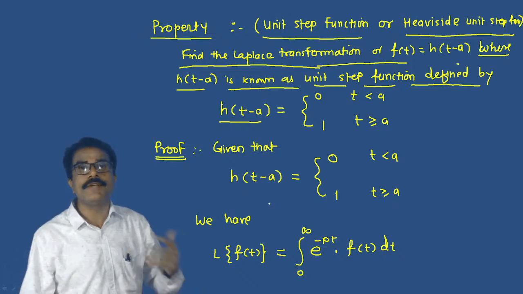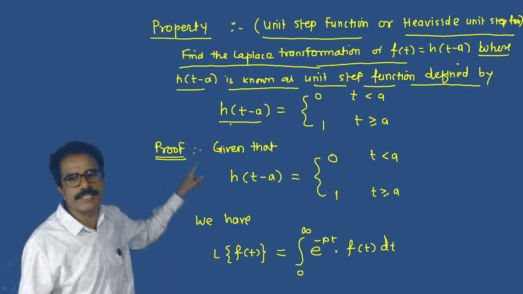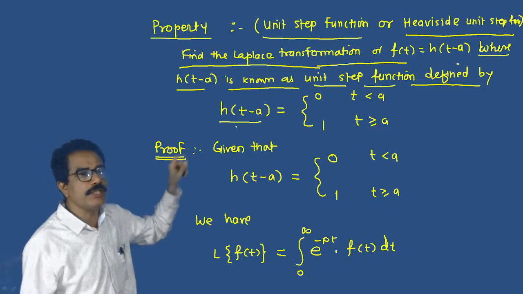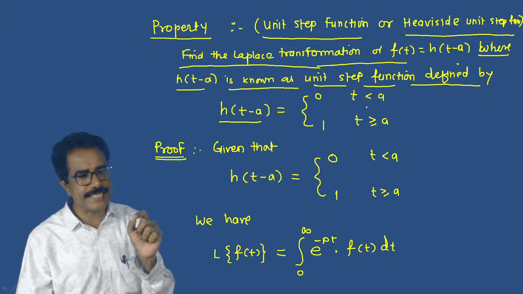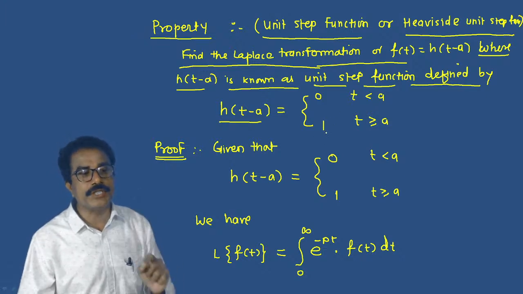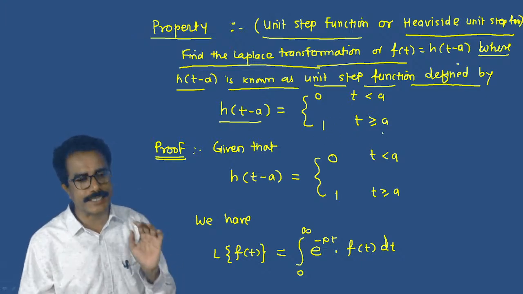Now, how is this unit step function defined? It is defined by h into t minus a equal to 0 when t is less than a, and equal to 1 if t is greater than a.